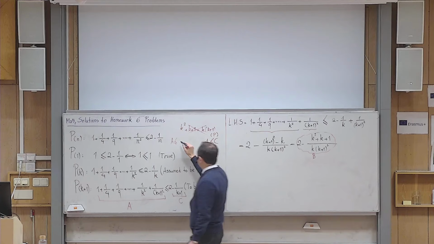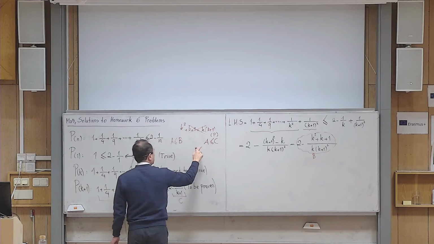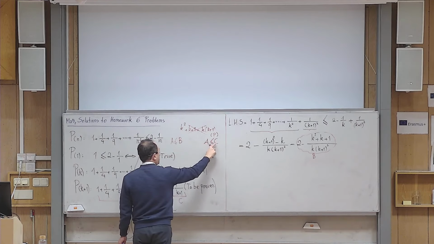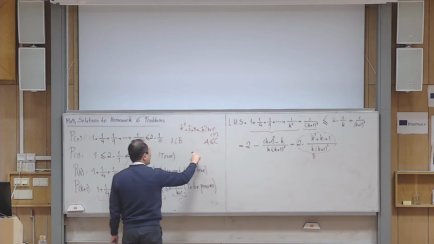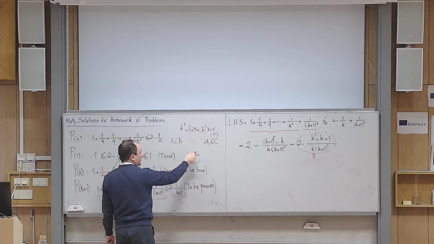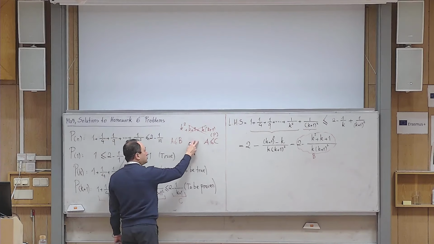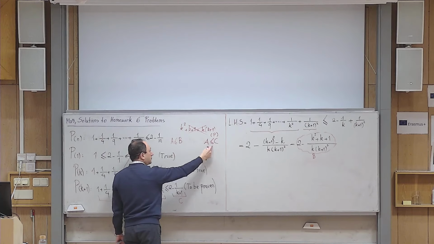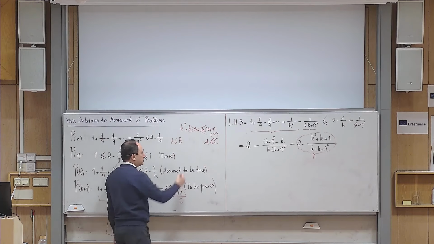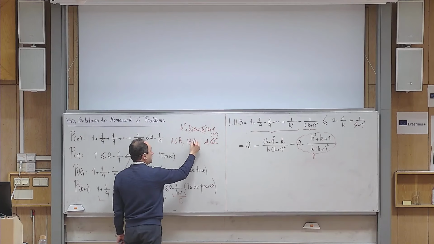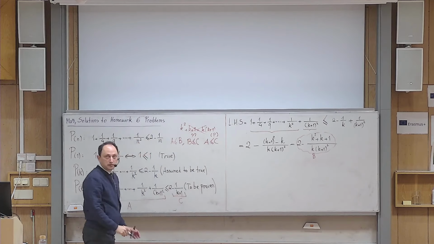Okay? So what is happening? I wanted to show that A is less than or equal to capital C. I couldn't. Instead, I was able to show this one. Then I asked myself, what can I prove so that that one and this one combined give me my result? It's very simple. If I can show that B itself is less than or equal to C, then I am done.